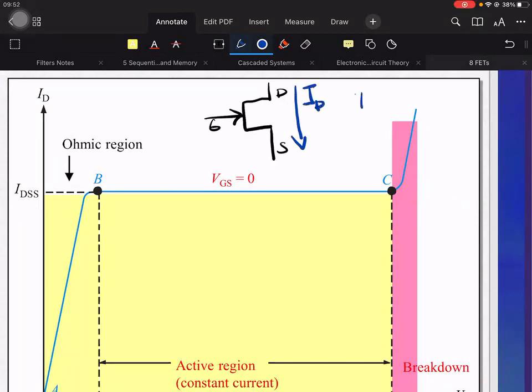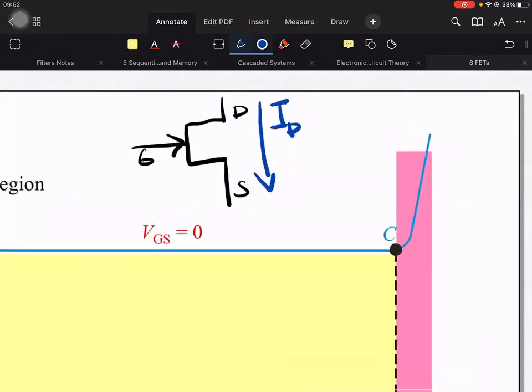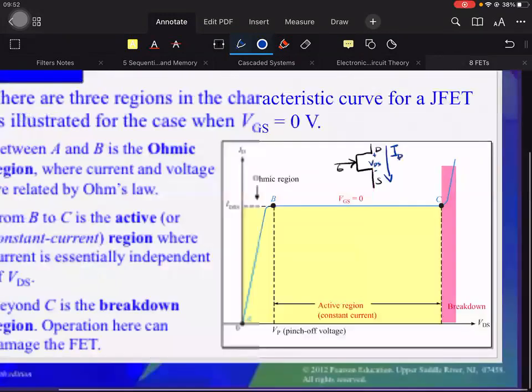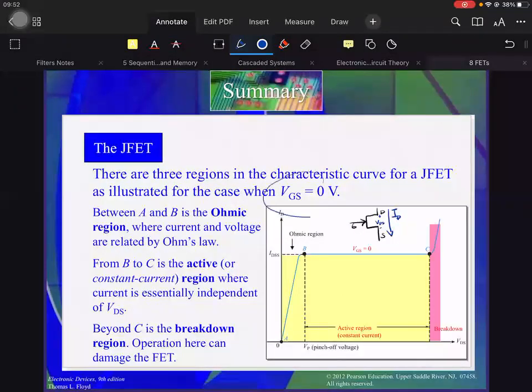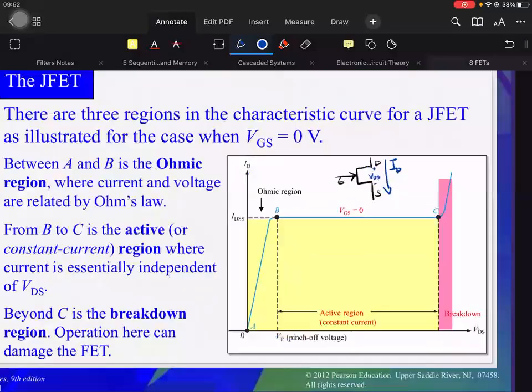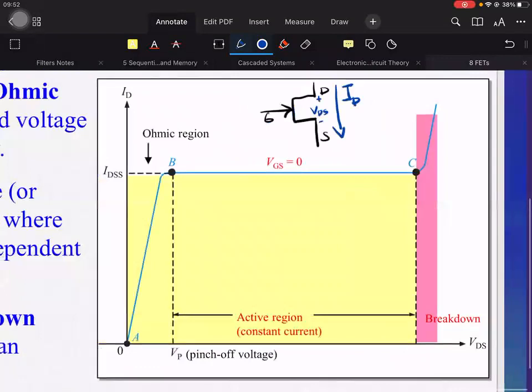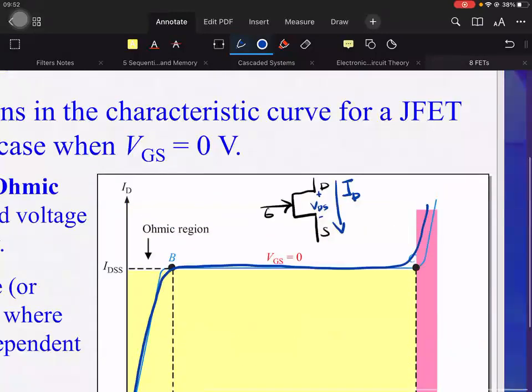And if I remember earlier, ID is equal to IS. So ID versus VDS. VDS is just the same as VCE in the BJT, the voltage across the drain to source terminals. This characteristic curve is obtained when VGS is 0. Again, when VGS is 0, current is flowing from source to drain. So there is the availability of this current when VGS is 0.